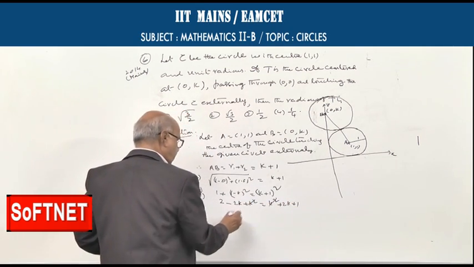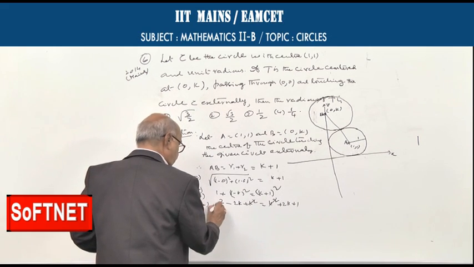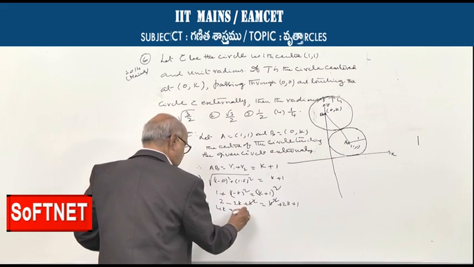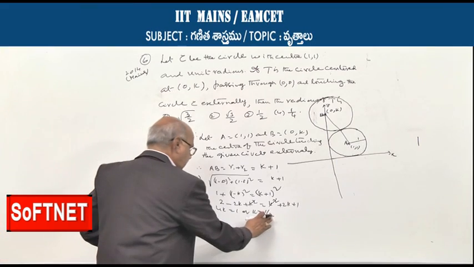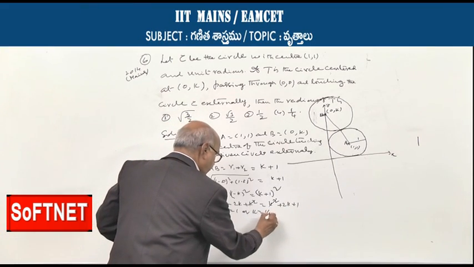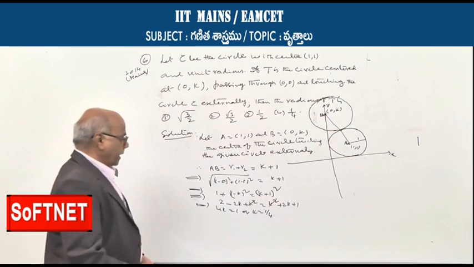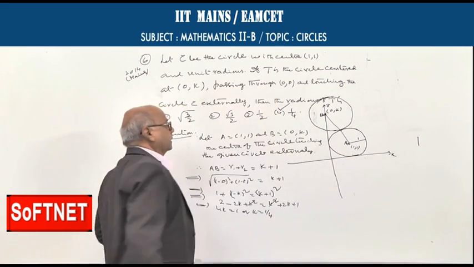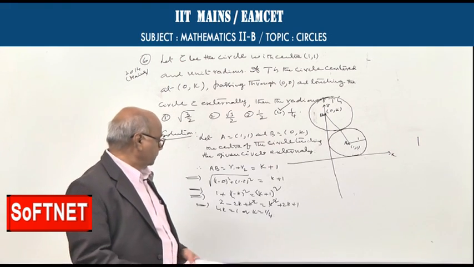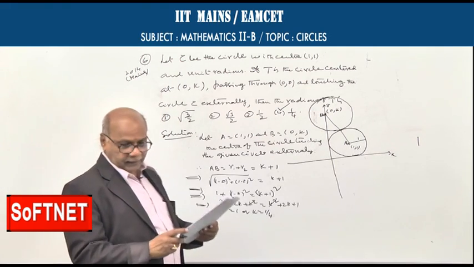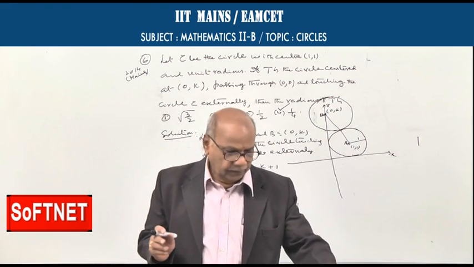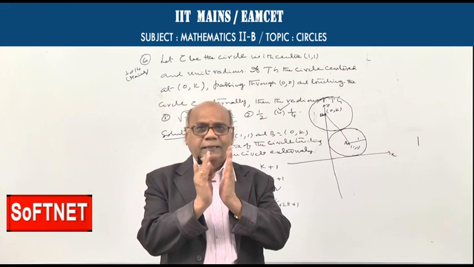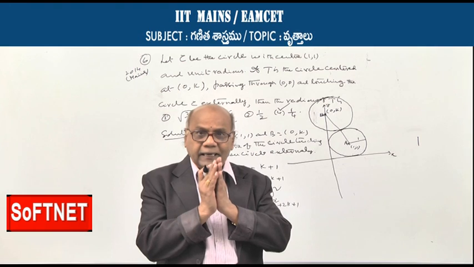K squared cancels. So this shows that 4k is equal to 1, or k is equal to 1 by 4, which is option number 4.